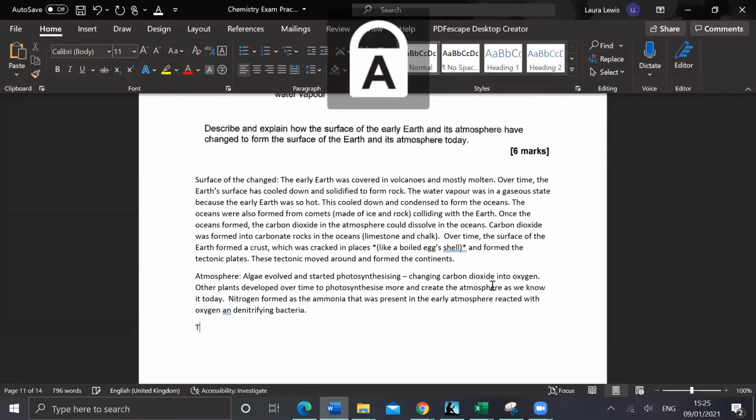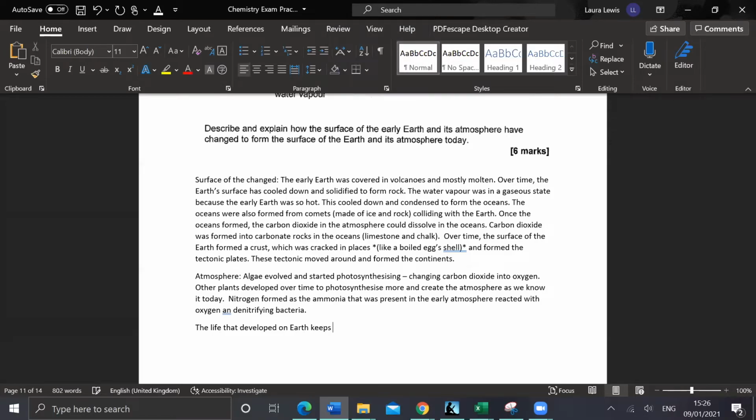Science is that the life that develops on Earth keeps the carbon dioxide and nitrogen stable, with the carbon and nitrogen cycles.